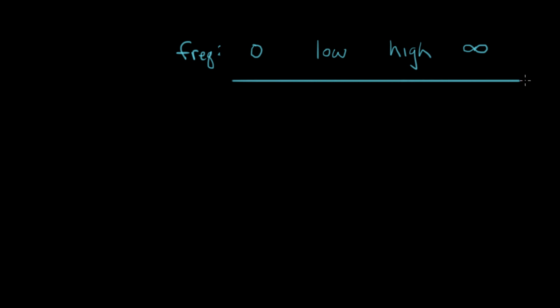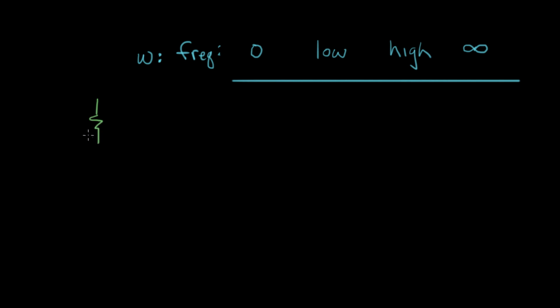Let's talk about zero frequency, low frequency, high frequency, and infinite frequency. These are qualitative boundaries. So we're going to build a little chart here. These are the values of omega, and now we'll do our components.